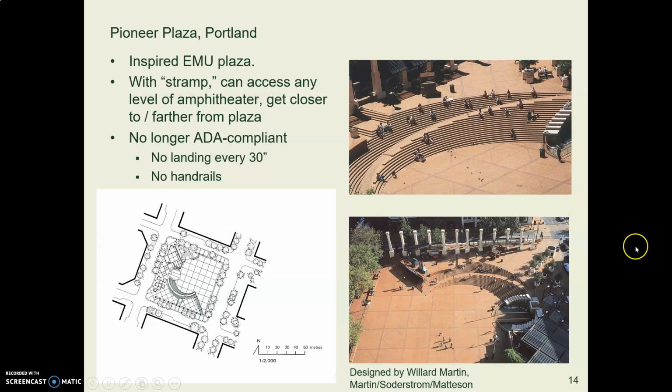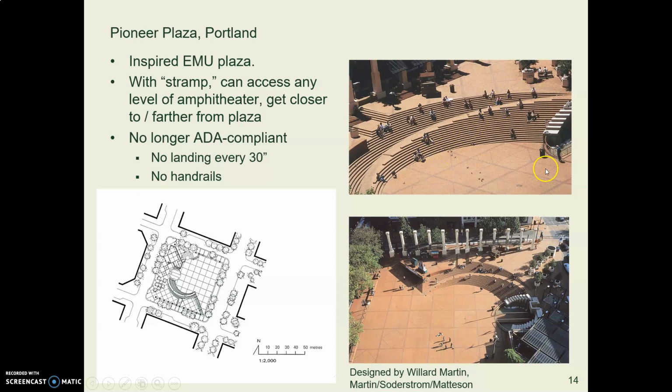Then coming along a little bit later were the architects who designed Pioneer Courthouse Square, which we're looking down on, in downtown Portland, Oregon. And this square actually inspired the designers who did that student union ramp we looked at previously. So this allows all people to use the steps and the ramp equally. Nobody has to stand out as needing special access.